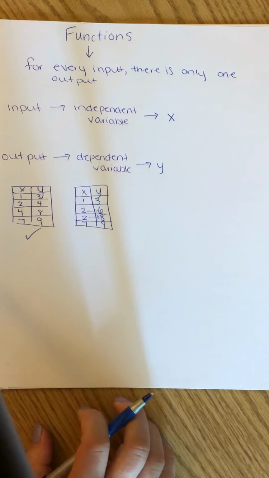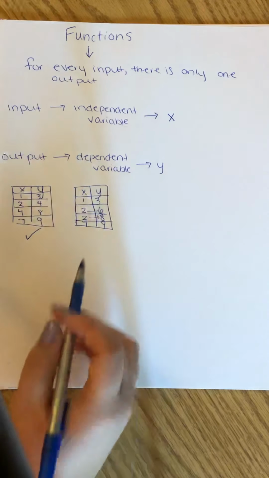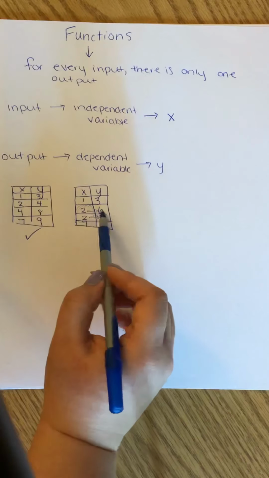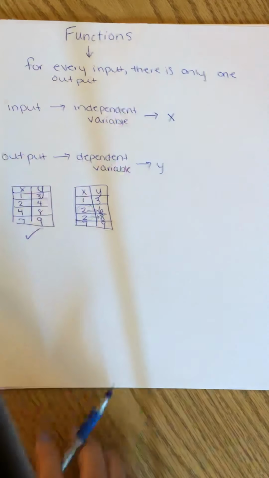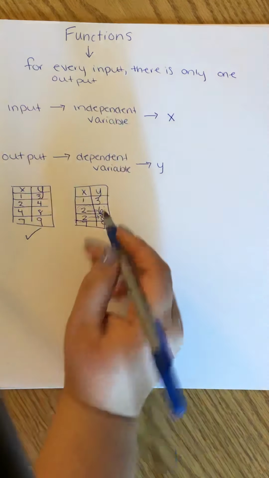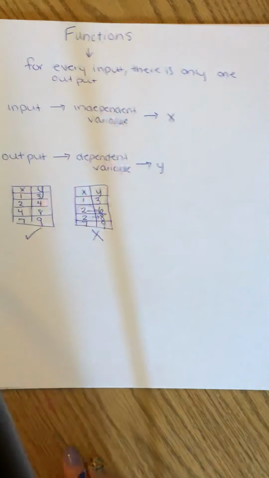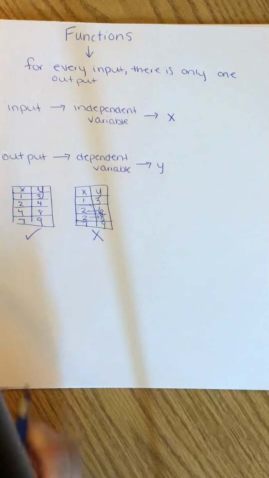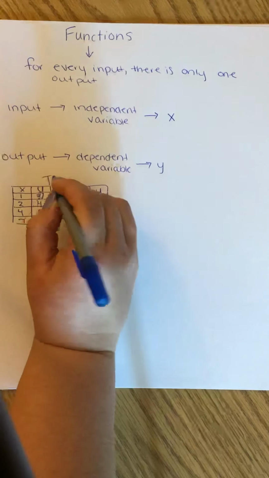That would be giving me an idea of, well, this input is not going to only one output, it's technically going to two outputs. So this would not be considered a function. Okay, you can't have the same x value or the same independent variable going to two different dependent variables or two different y values. So this is how we would see it looking at tables.